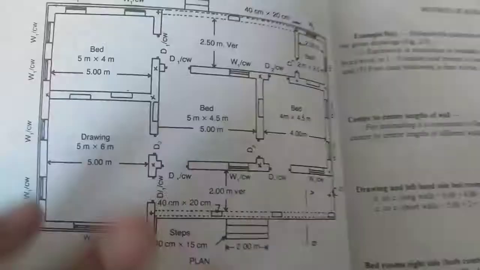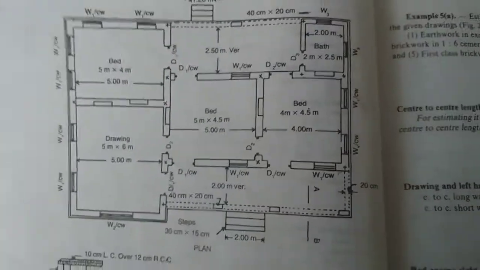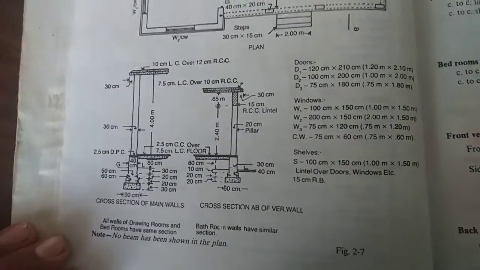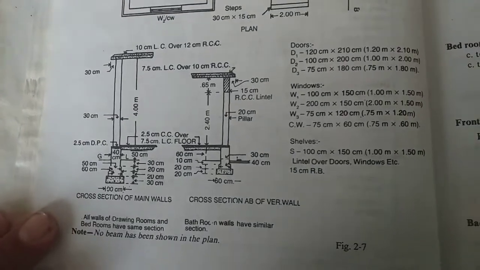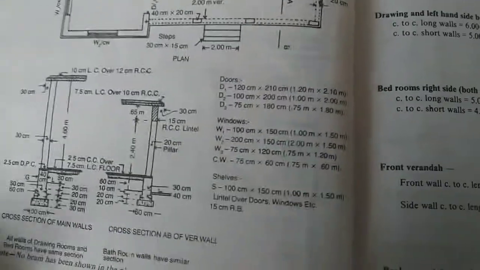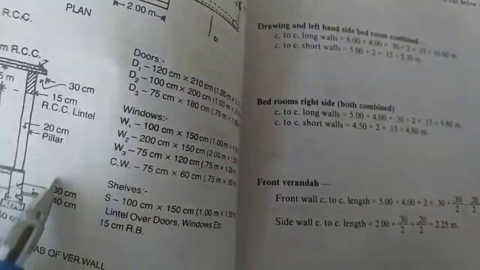This is the cross section of the two types of walls, and these are the various door and window sizes.